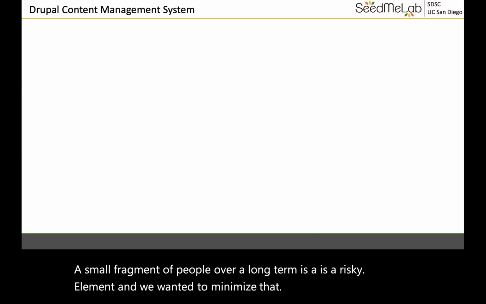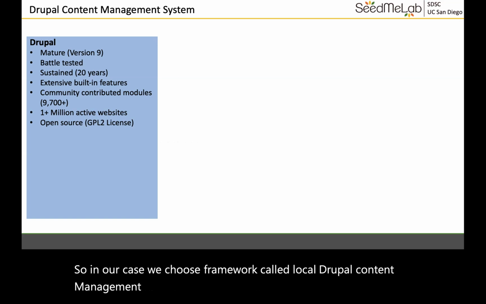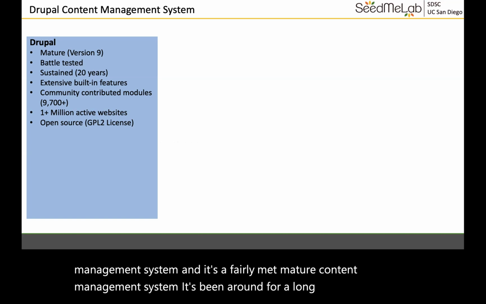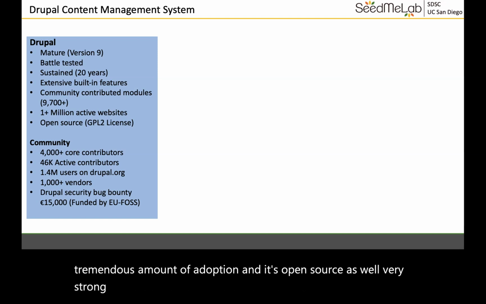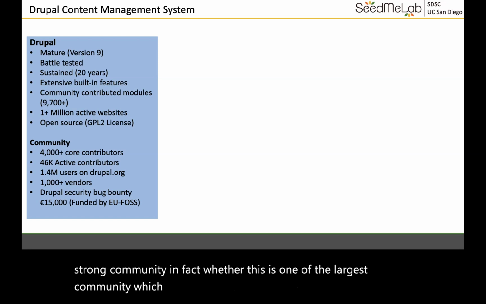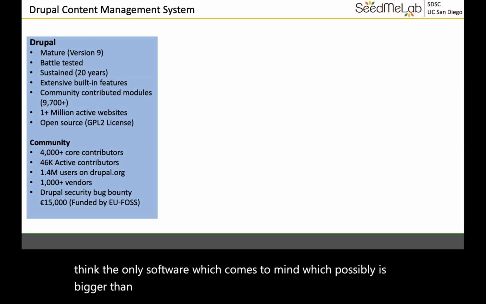So in our case, we chose a framework called Drupal Content Management System. And it's a fairly mature content management system. It's been around for a long time, has a tremendous amount of adoption, and it's open source as well. Very strong community. In fact, this is one of the largest communities which comes together and builds this software. I think the only software which comes to mind, which possibly is bigger than this, is Linux itself.